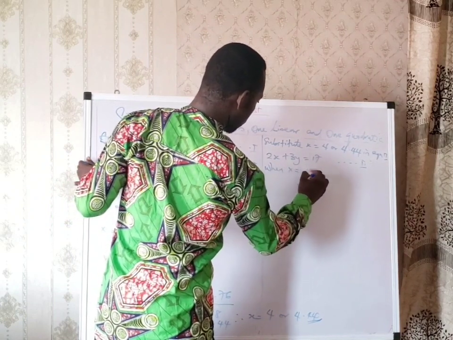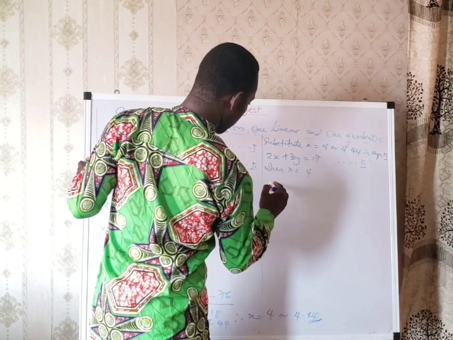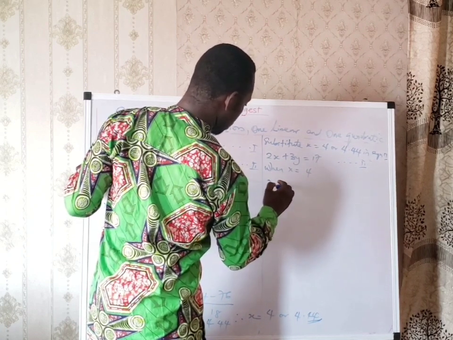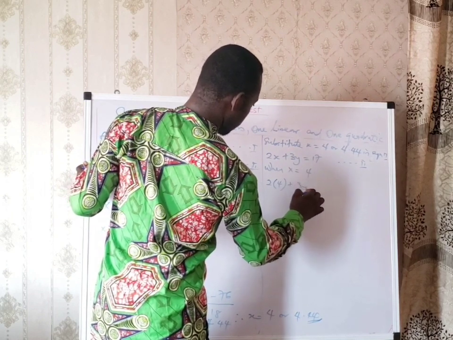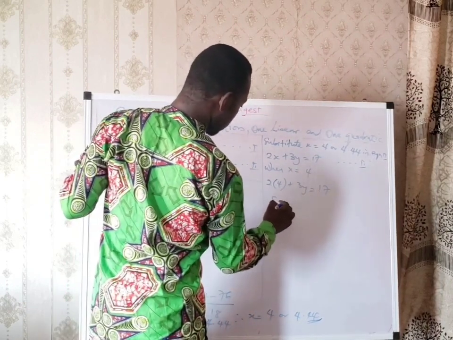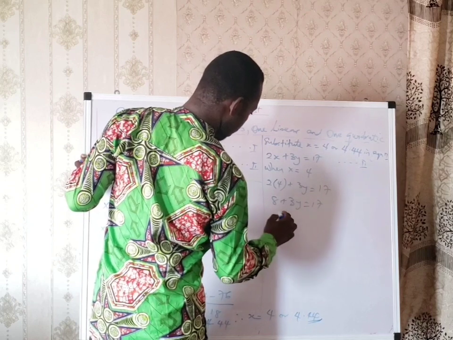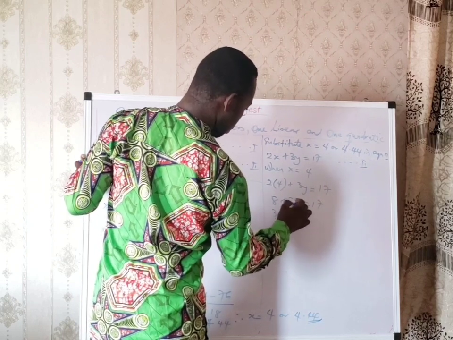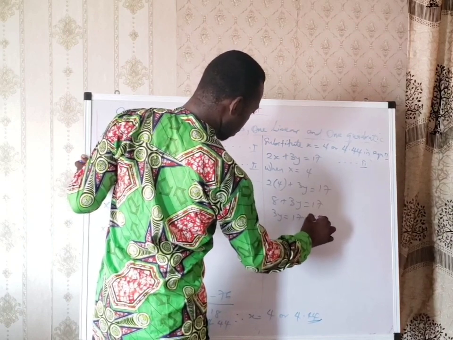Now when x is equal to 4, y will be what? We are going to look for it. So we say 2 times 4 plus 3y equal to 17. With this we have 8 plus 3y equal to 17, and we have that 3y equal to 17 minus 8, that's this 8 crossing the equality sign will be minus 8.